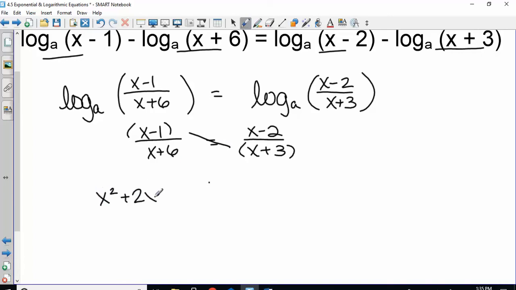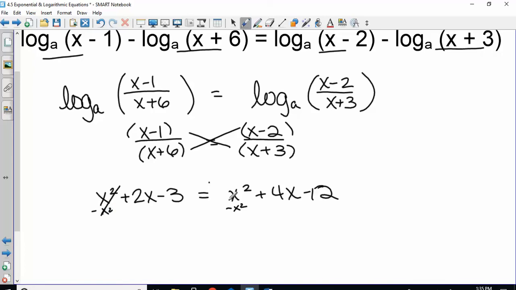I have to FOIL. Nice thing is though, when I subtract my x squared, it cancels, so it's no longer even a quadratic. So I'll just subtract over my 2x, add over the 12.